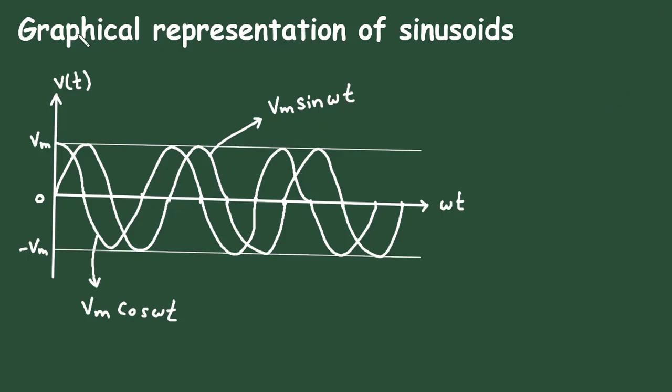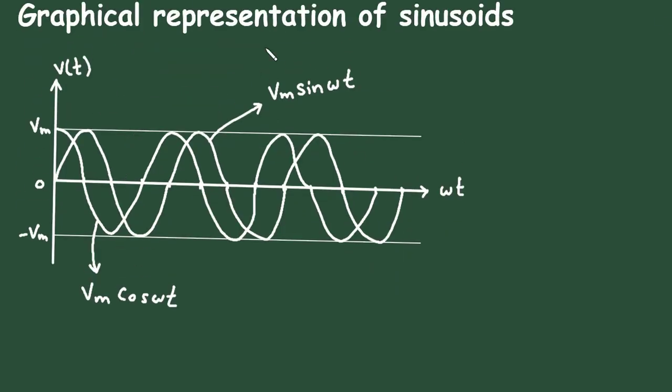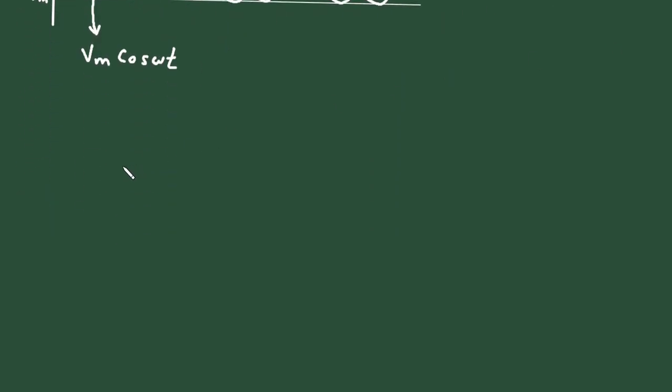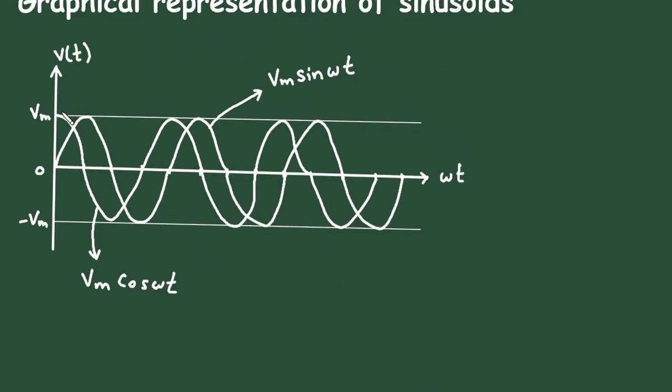So these are the two sinusoidal voltages. Now we want to see graphical representation of sinusoids. So from these two functions, we can see the relationship between sine and cosine. So if this is plus cos omega t, from here we can see when this v of t is 0, that time this cosine function is maximum.